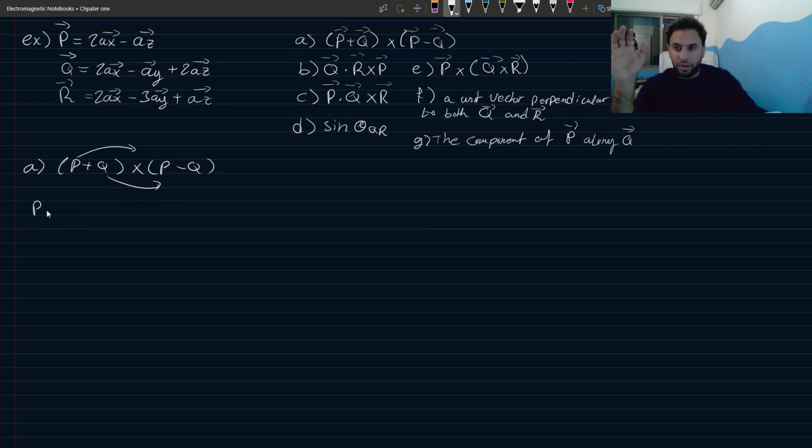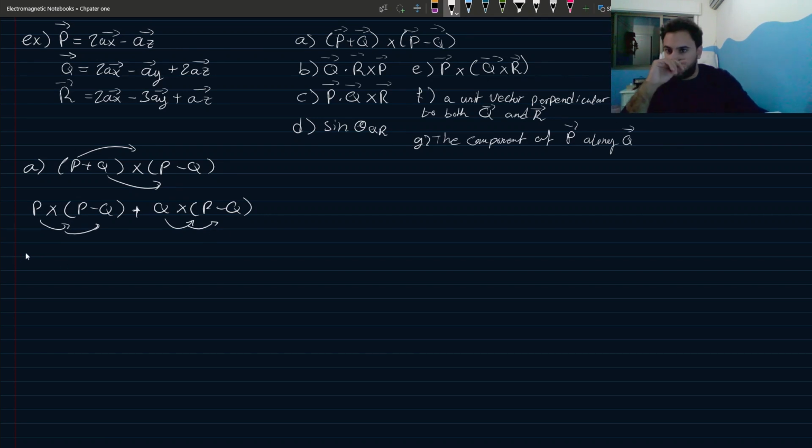So we will have P cross P minus Q plus Q cross P minus Q. Now, again, we will use the distribution property to distribute P into P minus Q and Q into P minus Q. So we will get P cross P minus P cross Q plus Q cross P minus Q cross Q.